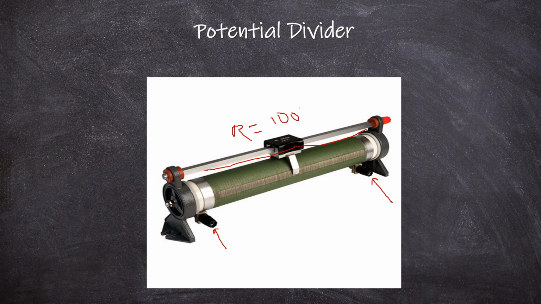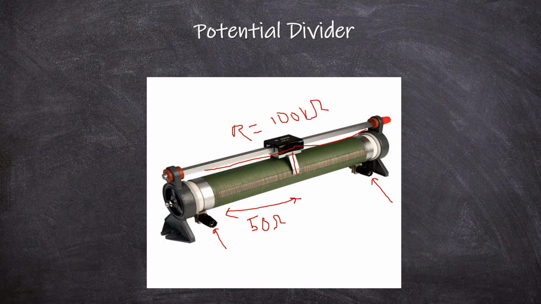Let's say this has 100 kilo ohm. When you place this slide at the middle, this distance has only 50 kilo ohm. It means that this potential divider is used to provide the required amount of resistance to the source, like a light or even a sensor device.